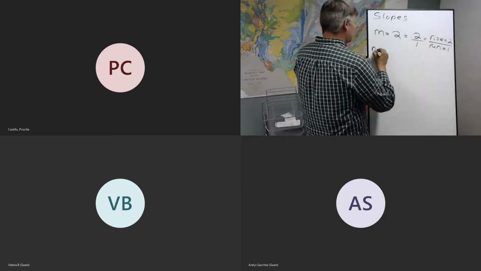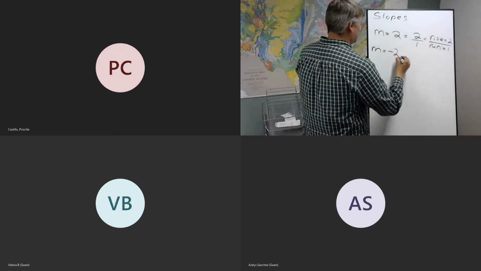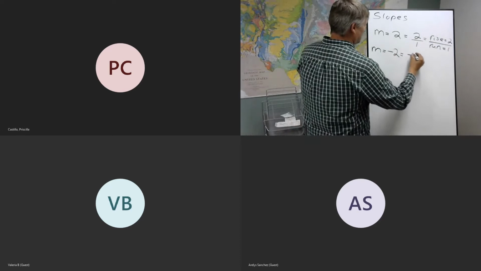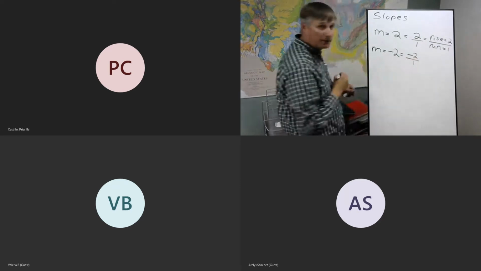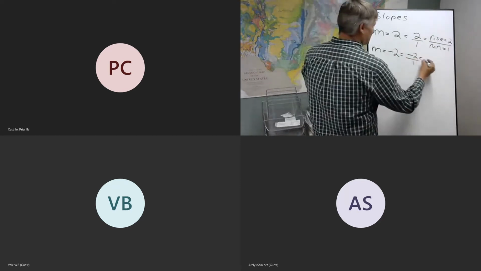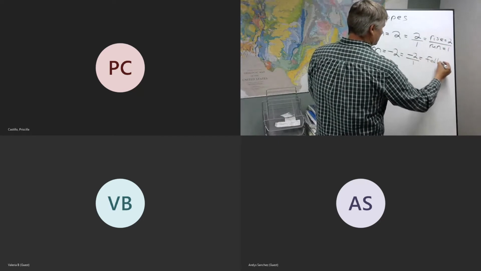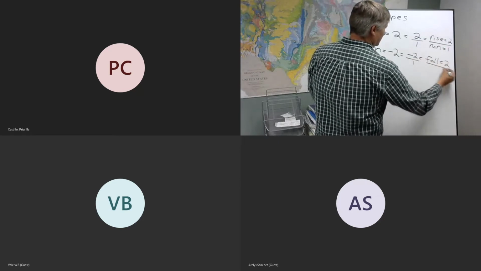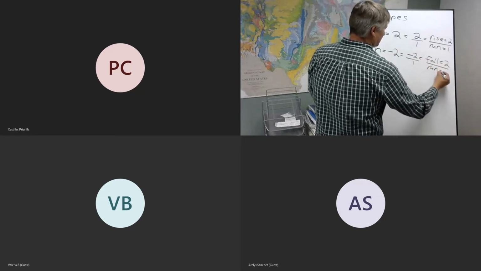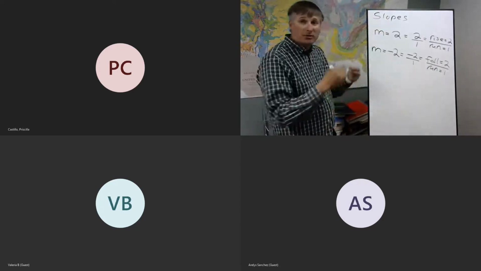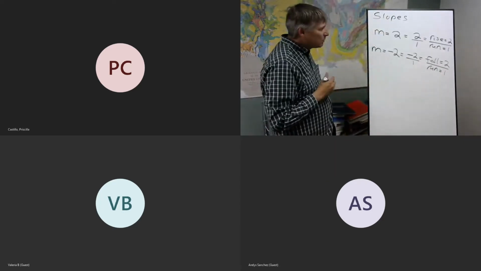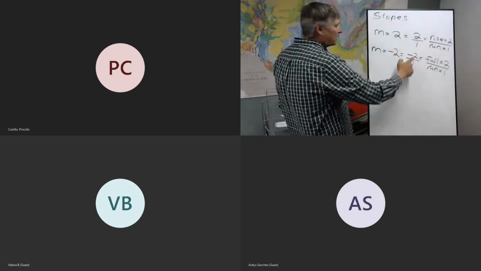If we have -2, we say this is -2/1. This will be a fall of 2 and a run of 1. Again, the run's always left to right. But when we get these whole numbers, we put a 1 underneath.